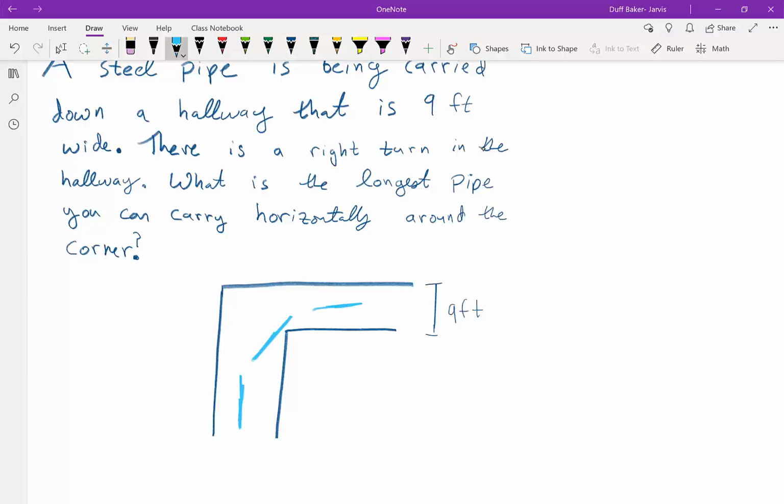But if you make it too long, it's not going to fit around the corner, right? If you had a really long one, you might get it stuck, right? If you had a pipe like this long, it's going to start touching both the walls, and that's going to be an issue, right? And so the question is, how long of a pipe will actually make it around this corner?